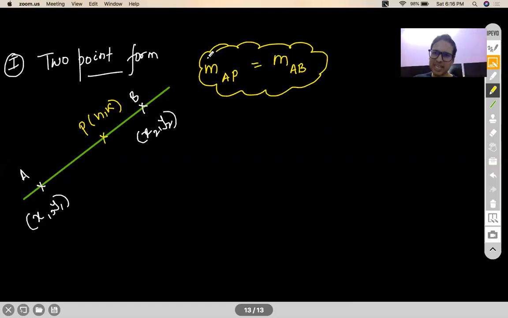That means if you take any 2 points on this line, any two pairs, the slope that you would obtain would be the same. If that is happening, then yes, I can say P is on the line connecting A and B. Yes or no?